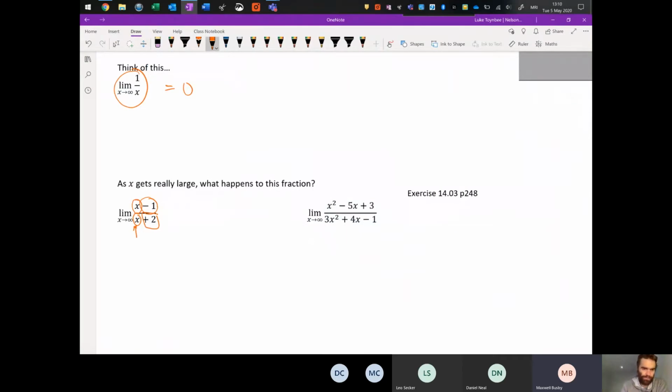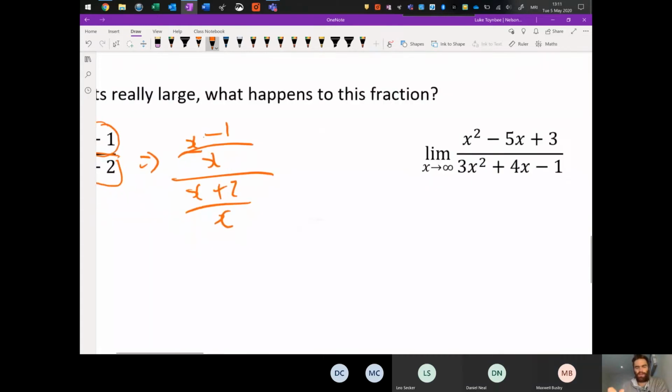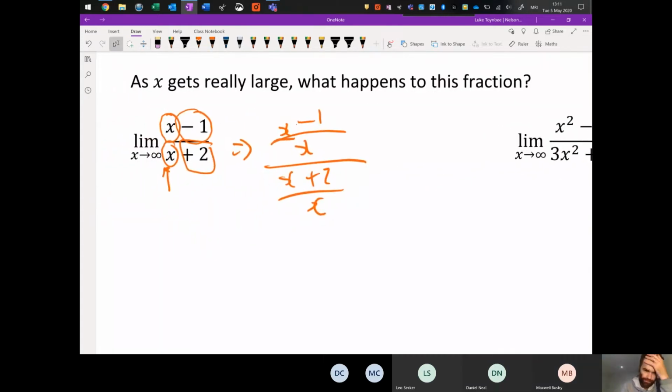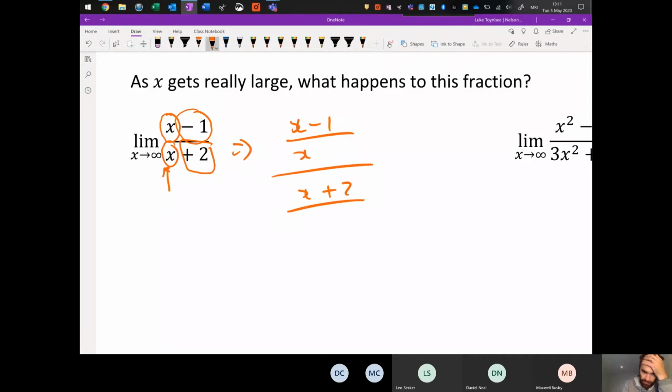Yeah. So what you do is divide the top line by x and divide the bottom line by x. Does that seem like a really funky thing to do? No, not really. I haven't explained this very well, so I'll start again. I'm going to divide the top line by x, and the bottom line by x.